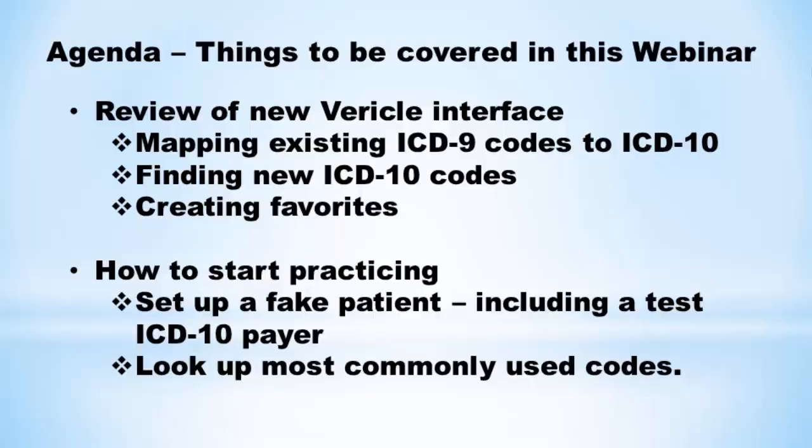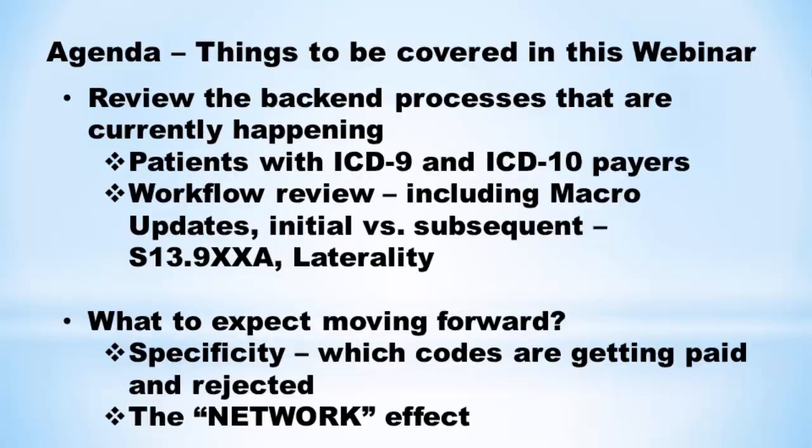Your real patients are going to see those favorites. So you're playing around, but at the same time you're actually creating an environment that's going to help you save quite a bit of time, and you're going to be able to avoid not getting paid by choosing those codes in real time. So this leads nicely into reviewing those back-end processes that are happening.